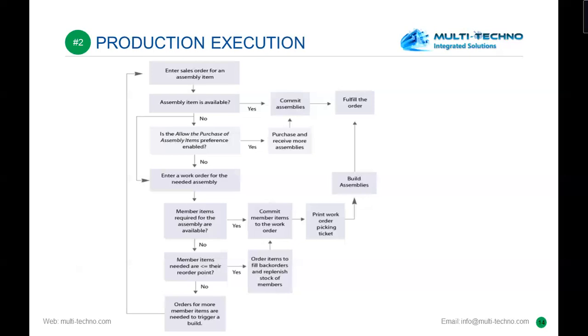After creating the work orders, we check the other things and required materials for the assembly builds. After that, we check member items, reorder point, all these things, which is basically the order replenishment part. And after the completion of required materials, we will build our assemblies.